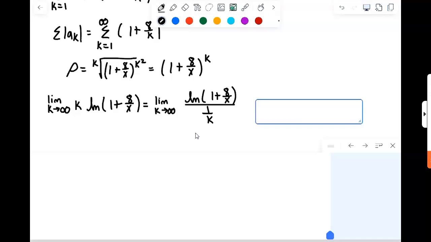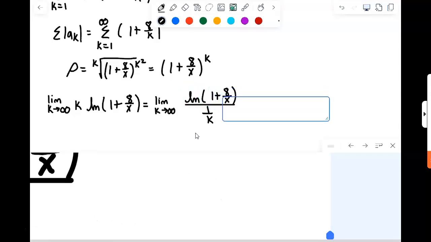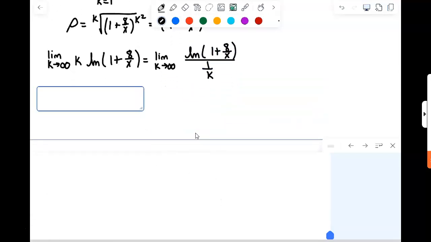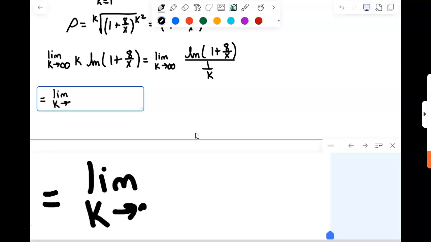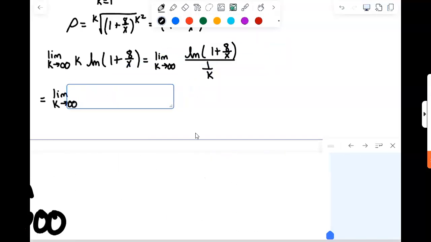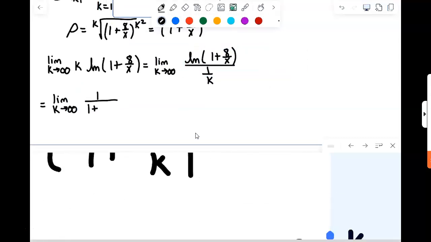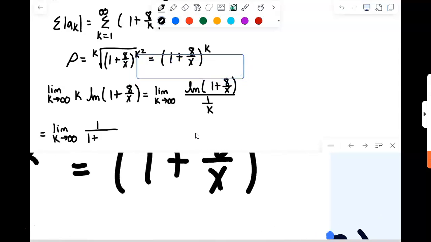And so therefore we're able to apply L'Hopital's rule and take the derivative of that. So taking the derivative, we'd have the limit as k goes to infinity of the derivative of that stuff, which would be 1 over that stuff, 1 over 1 plus, I don't know how I got x's in here.